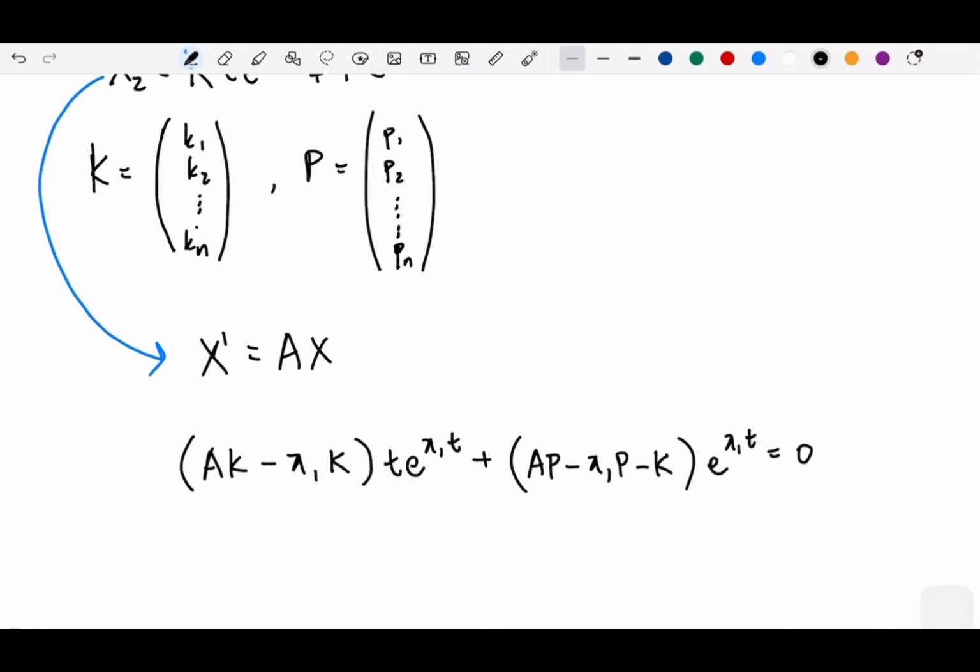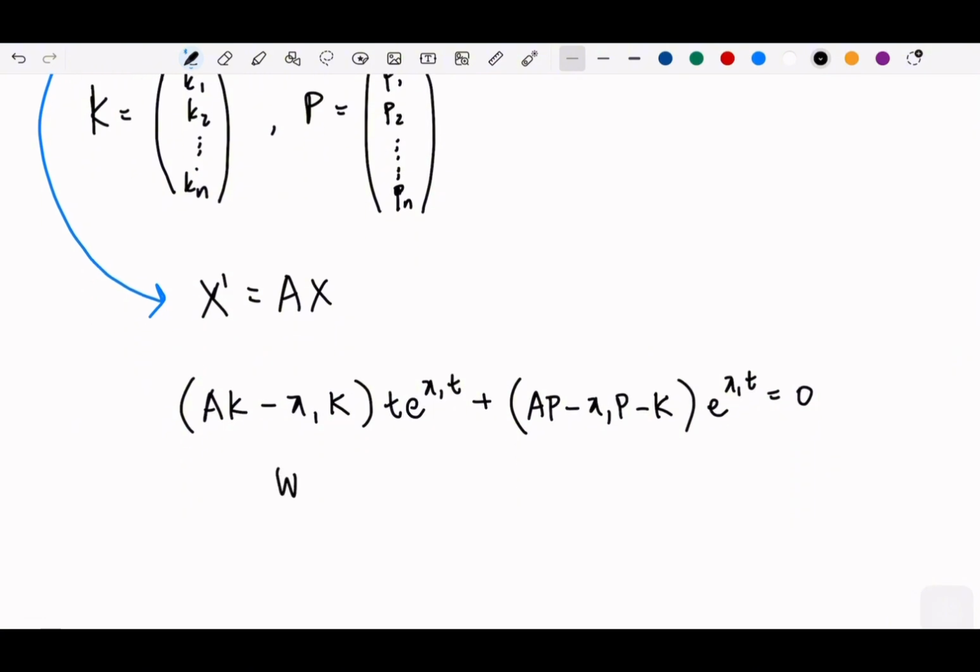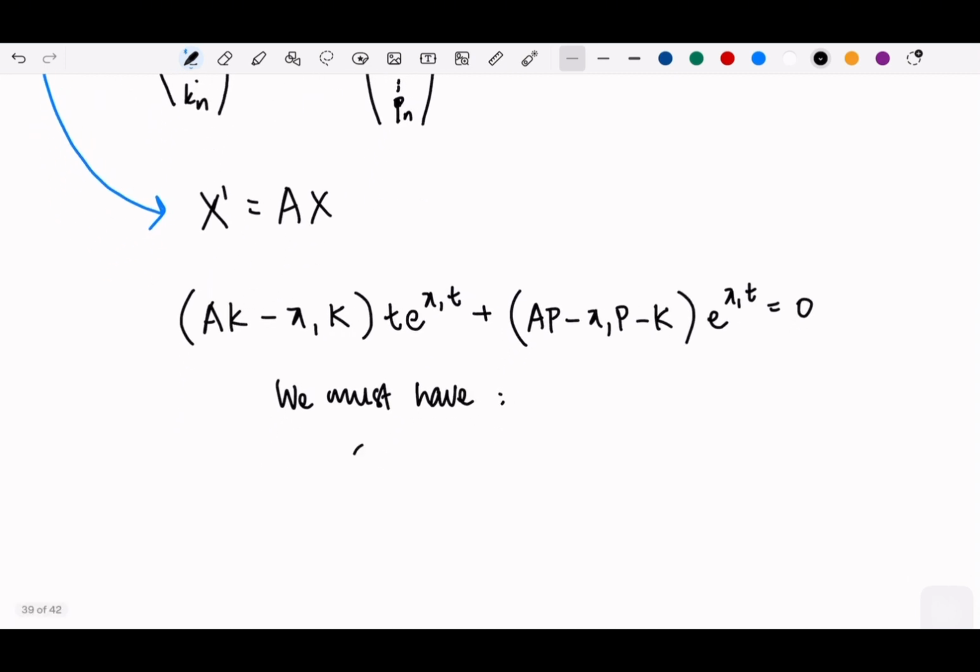Basically just substituting the x2 inside. So we need to solve (A minus lambda 1 I) K equals 0 and (A minus lambda 1 I) P equals K. Oh, I forgot the identity.